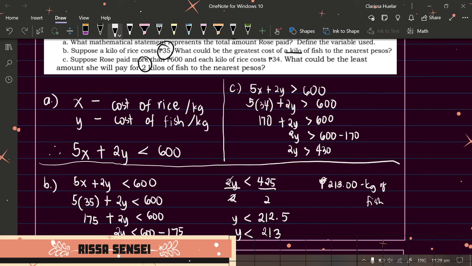What comes after 430? So, it should be 431 pesos. Because it is 2 kilos already.